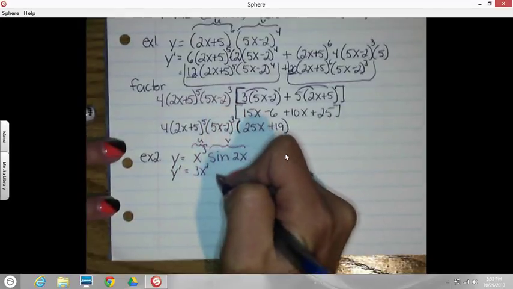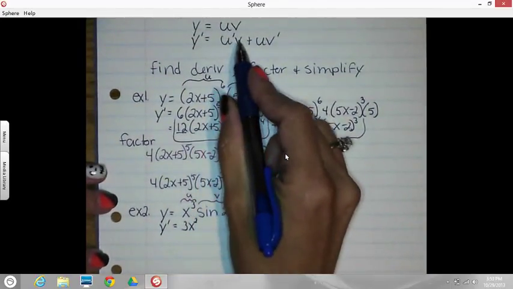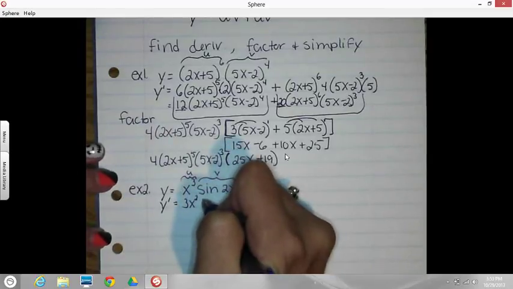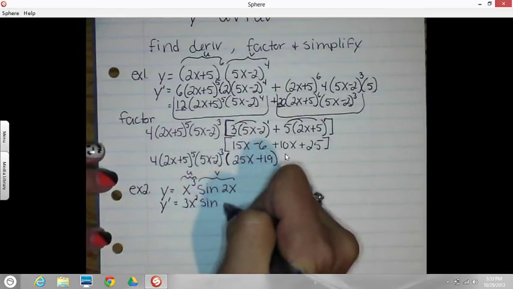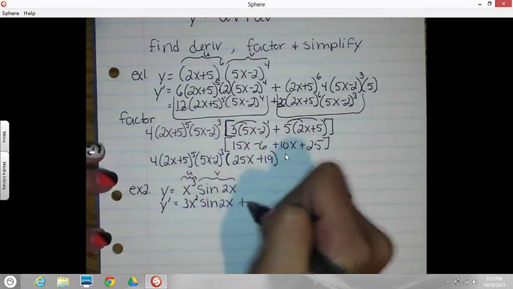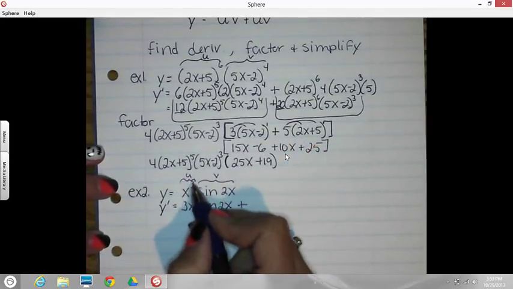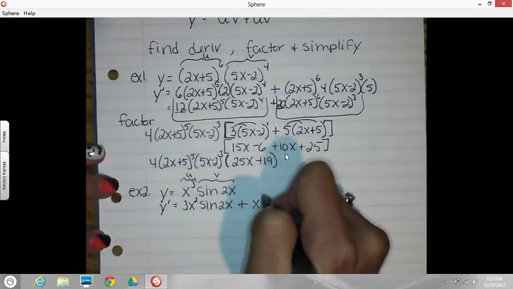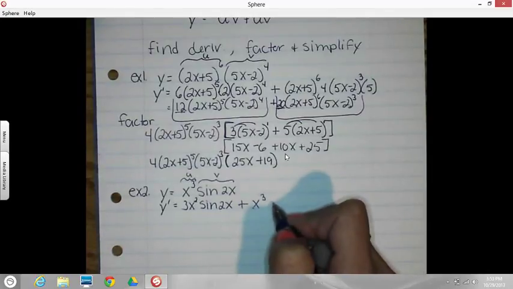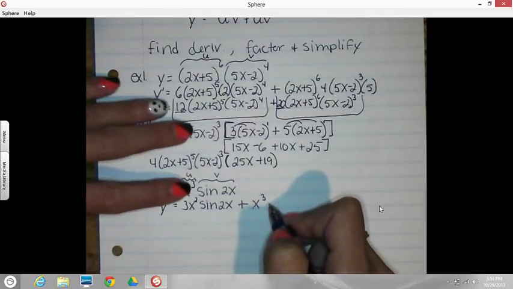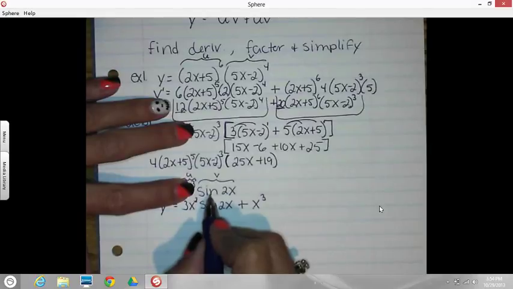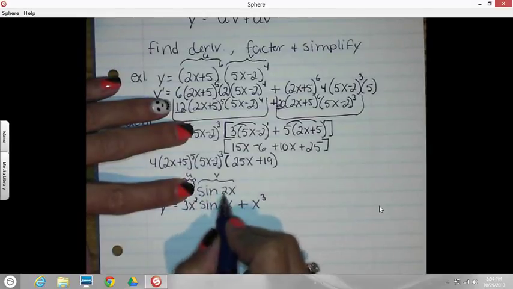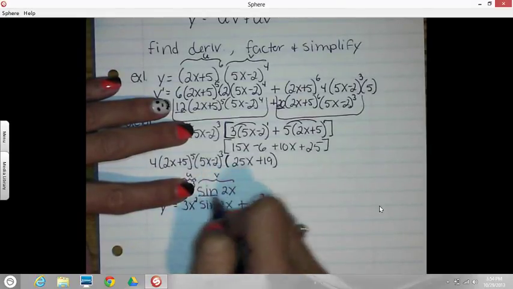Then you multiply by the v, the whole second term. And we add. Keep the first term the same, x cubed. Now we have to take the derivative of the second term. So the derivative of the second term is a trig function which has an outside and an inside. There's two parts to it, sine and then 2x.